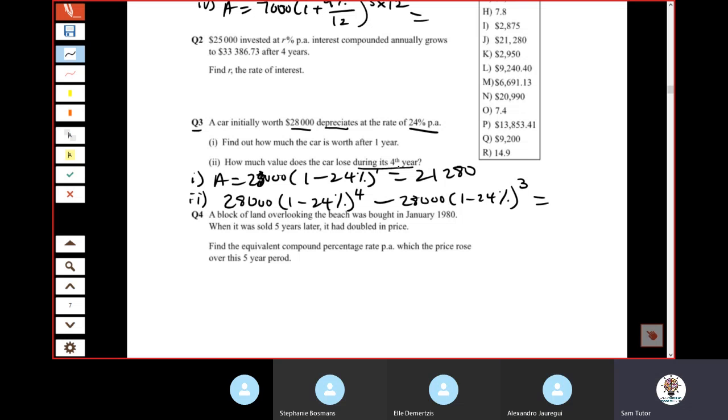Do we understand why I chose 3 and 4, not 4 and 5? Because most students would say, oh, during its 4th year, that means let's choose 5 and then 4, because the 4th year would be like 4, 4.1, 4.2, 4.3.